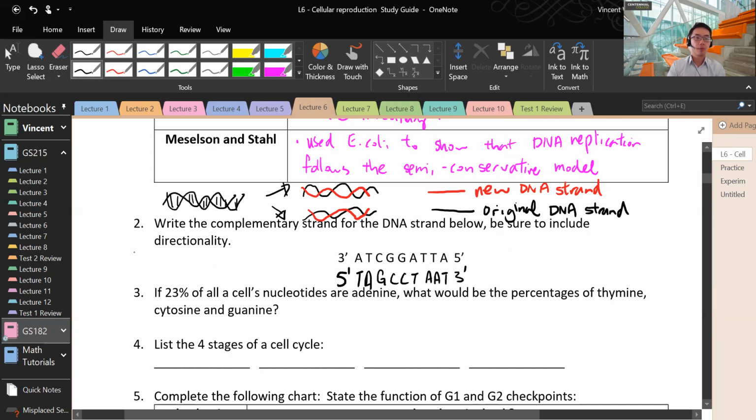So just to remind you, the two strands of DNA are anti-parallel. What that means is the strands run in opposite directions.